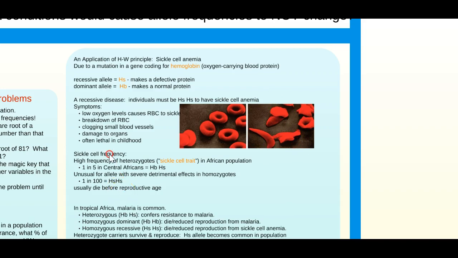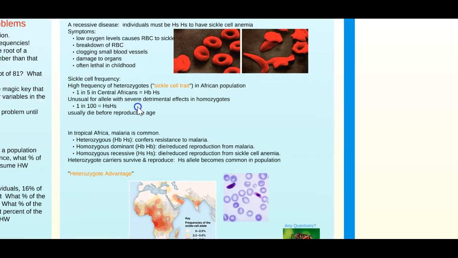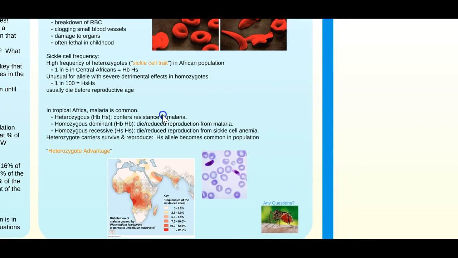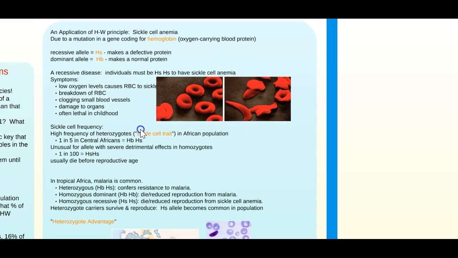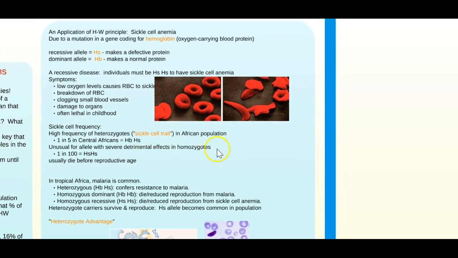So it turns out that sickle cell frequency is different depending on where you live. There's a high frequency of heterozygotes, and oftentimes in communities, people refer to having the trait, otherwise known as sickle cell trait. They just say that rather than saying somebody is heterozygous.